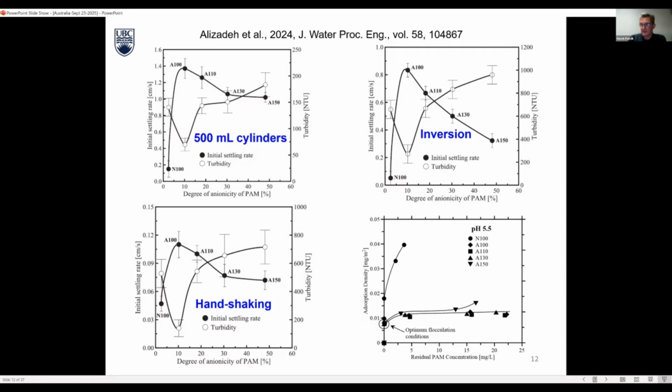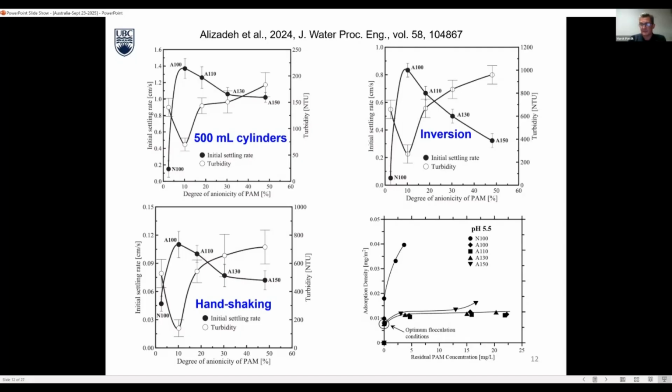We always get this maximum for A100, the weakly anionic polyacrylamide. We always get very poor performance from the non-ionic polymer, N100, and then not so great results for the other anionic flocculants. So our conclusion based on this would be that A100 is basically the best polymer for flocculation of quartz at pH, I guess, 5.5.